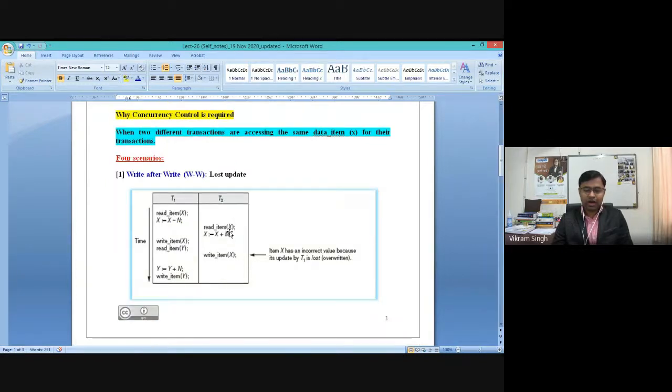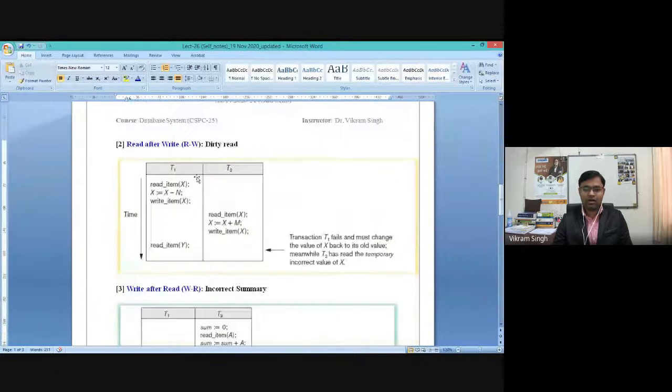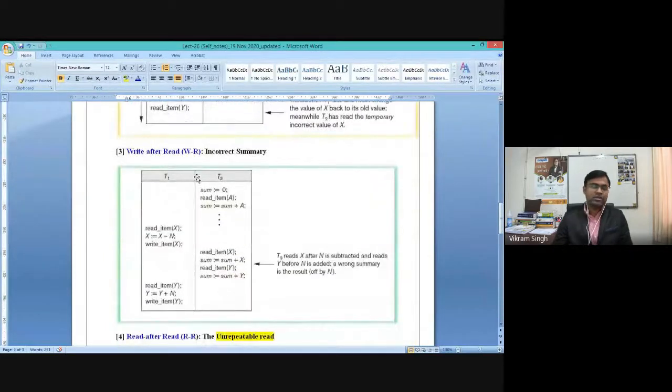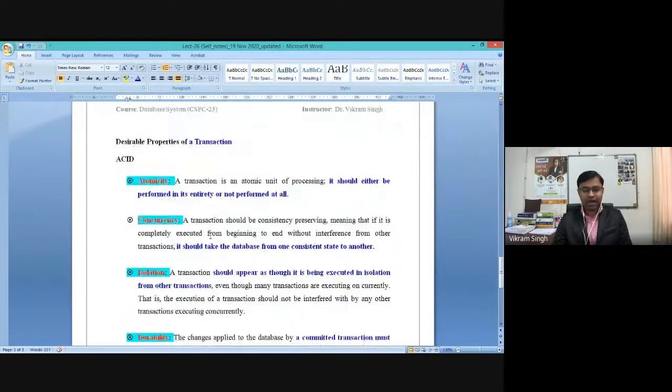So we need to have a strong mechanism, a strong algorithm, a strong component. So in the DBMS system, they have come up with a solution called ACID properties.